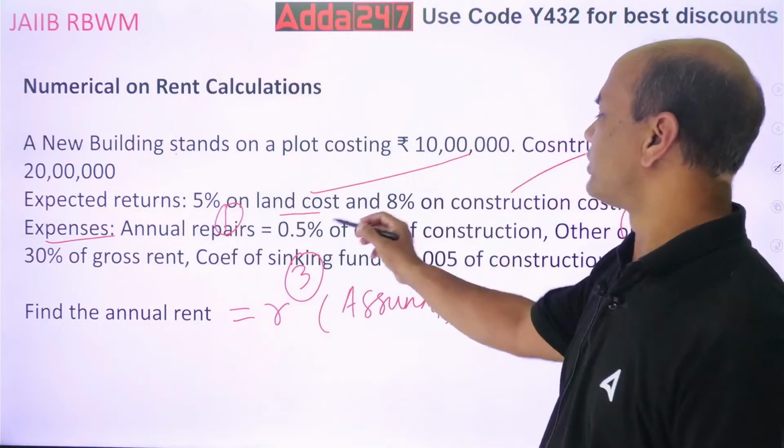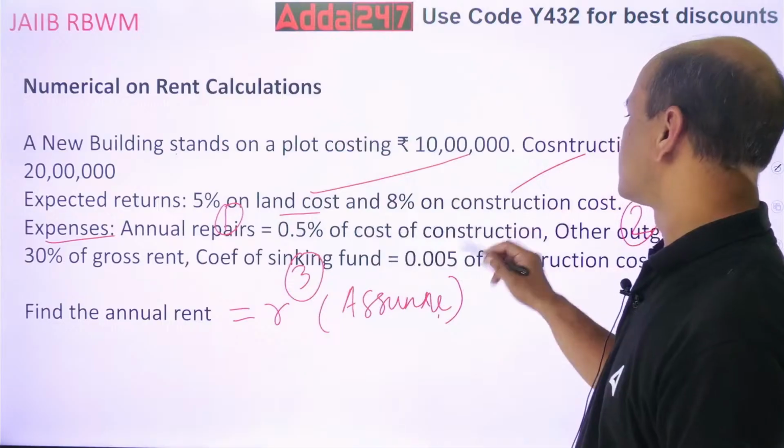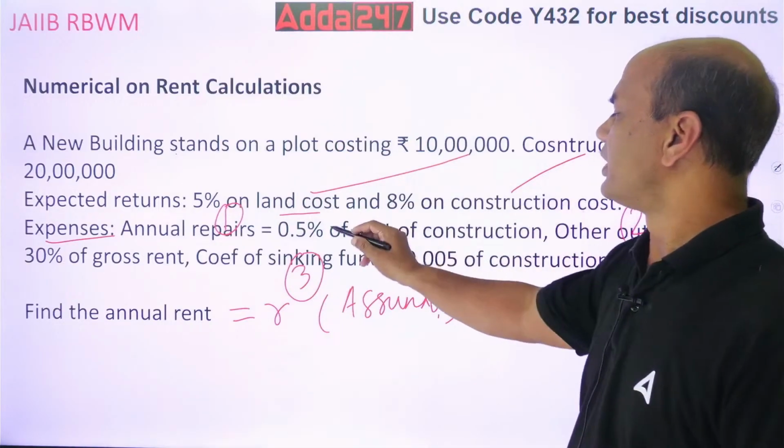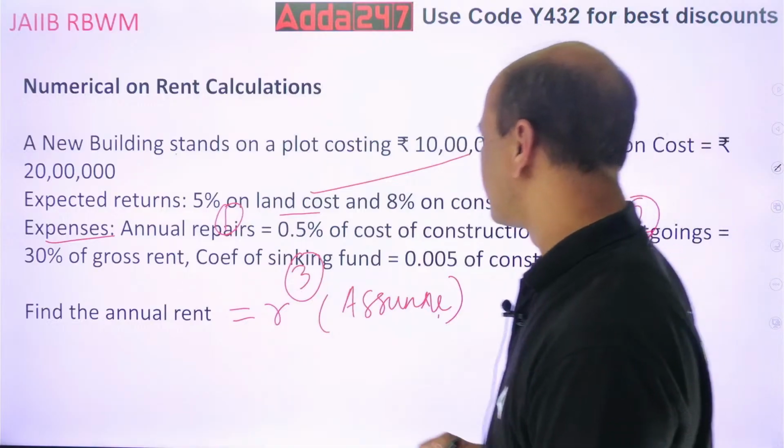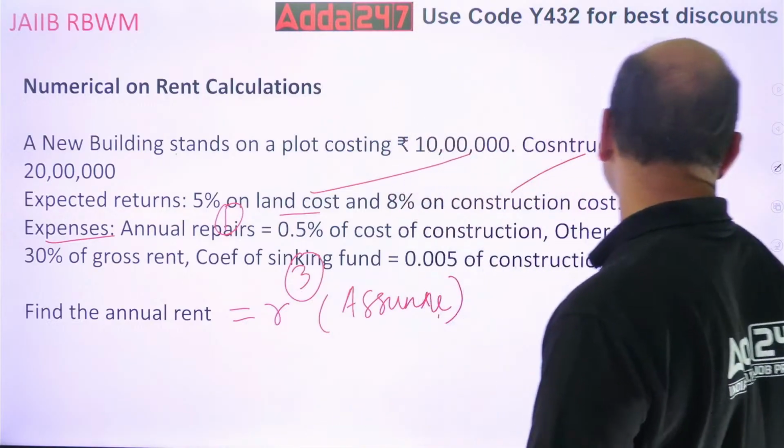Annual repairs is 0.5% of cost of construction, so 0.5% into 20 lakhs. You can try it here also, you will get a space over here.